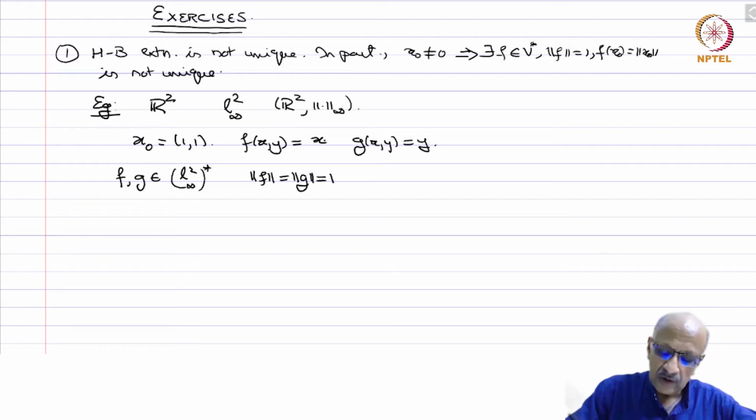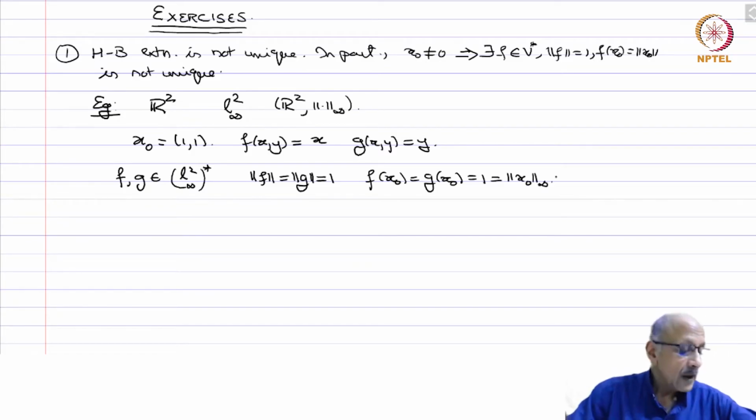And then you take (1, 0) or (0, 1) as a test vector, then you will get that the maximum is achieved. So norm f equals norm g equals 1, and you have f of x naught equals g of x naught equals 1, and that is equal to norm of x naught infinity. And therefore this is not unique.